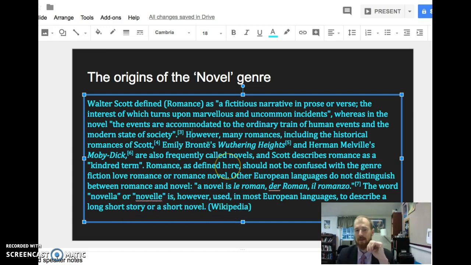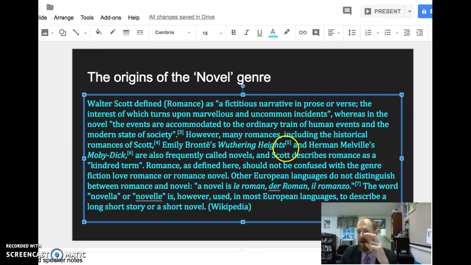Okay, so although we, at the beginning of the paragraph, wanted to make a distinction between the romance and the novel, as in the romance is highly fictitious, even marvelous, uncommon, perhaps even supernatural, and then the novel is something that's exploring things that are more real and germane to human events in modern society.